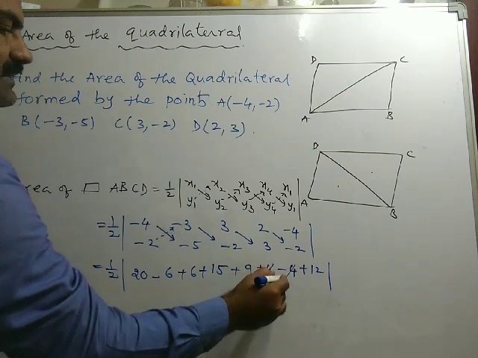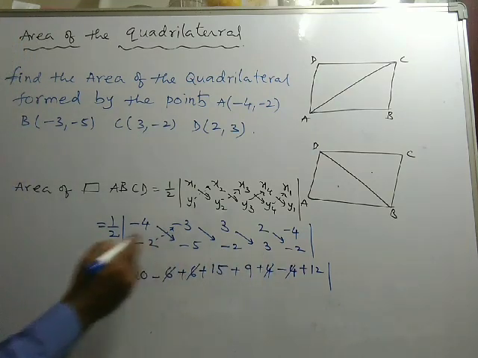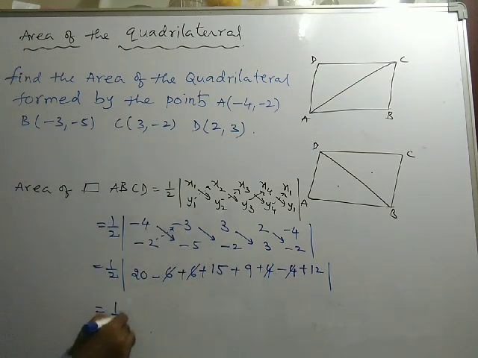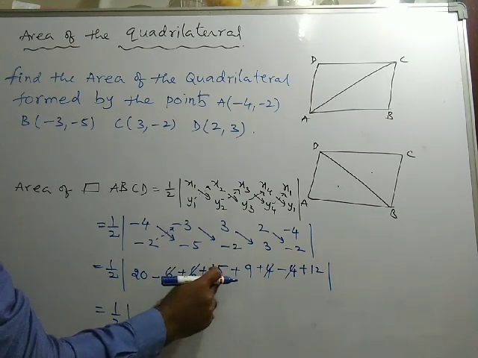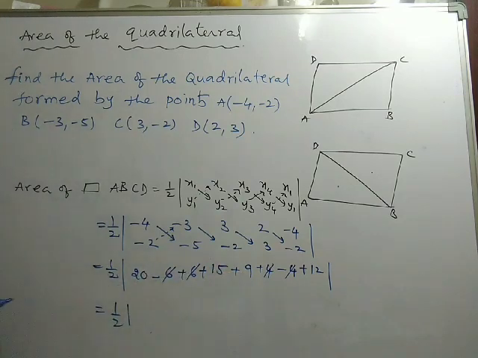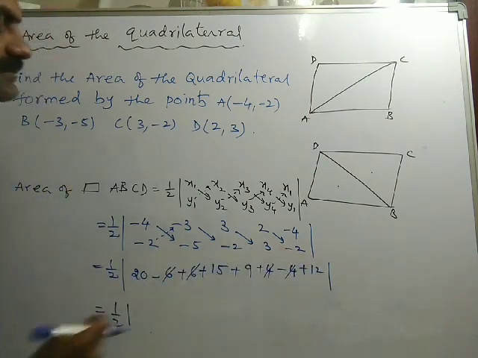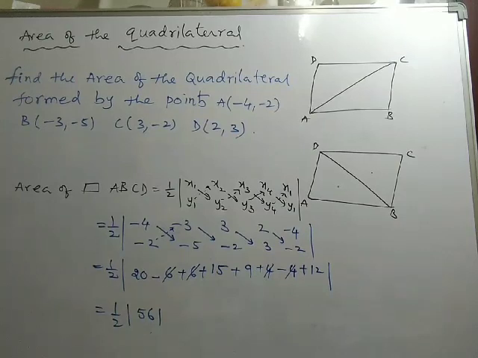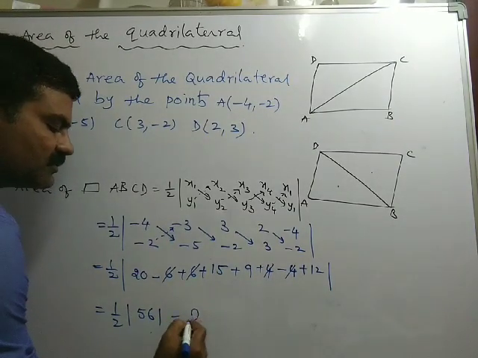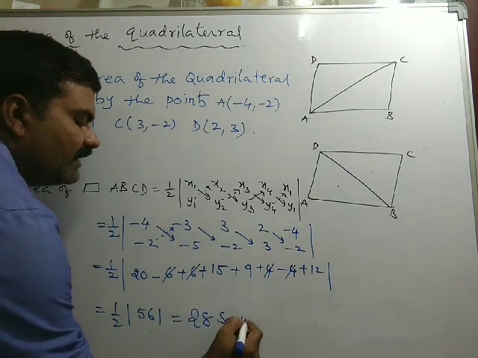So +4 and -4 cancel, +6 and -6 also cancel. Half modulus of 20 plus 15 is 35, 35 plus 9 is 44, 44 plus 12 is 56. So half into 56 is equal to 28 square units.